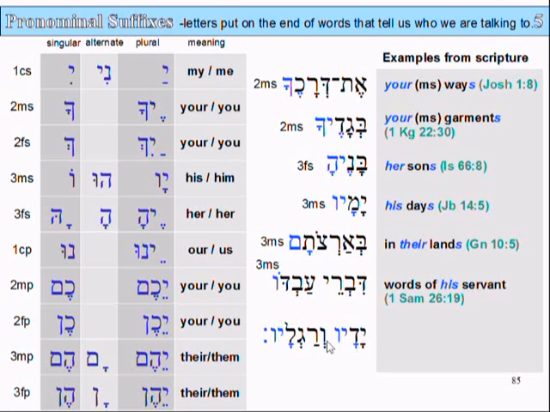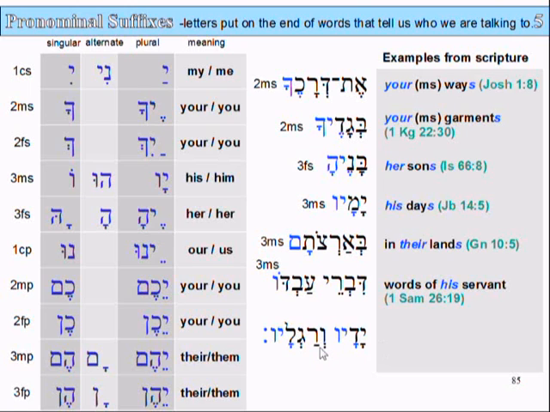And yadav veraglav. Yad means hand. Yadayev, have a look on this list here. Here it is here. His hands. It's plural. Yad, hand, becomes yadav. His hands.